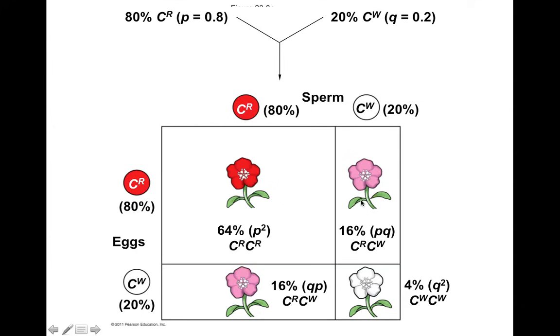Using those same figures, there's about a 16% chance of getting a pink flowered plant where the CW allele comes from the sperm. There's a 16% chance of getting a pink flowered plant where the CW allele comes from the egg. And the chance of getting a CW allele from both sperm and egg is going to be 20% times 20%, or 4%.